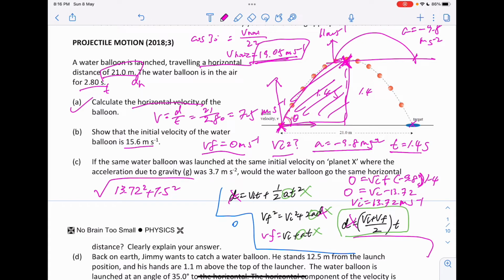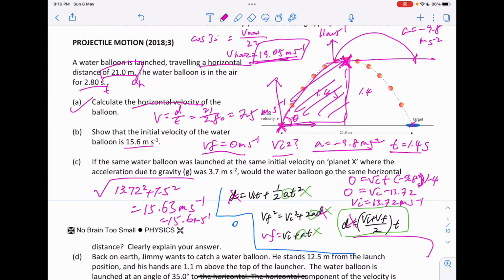Yep. That equals 15.63 meters per second, which is 15.6. So it works, right?